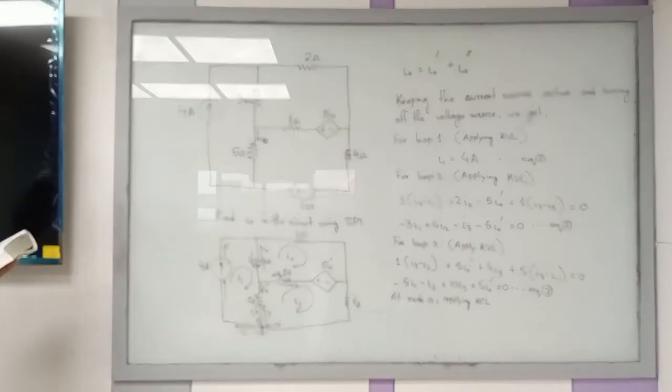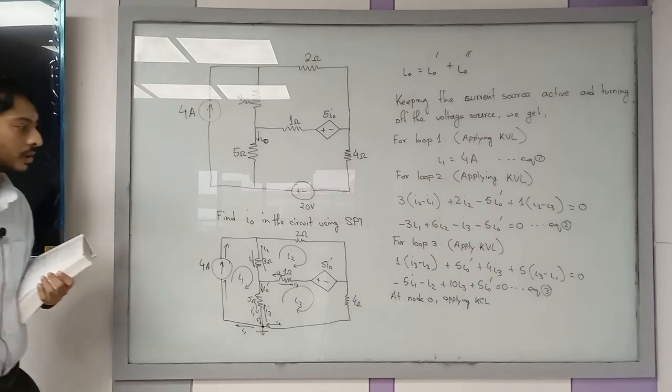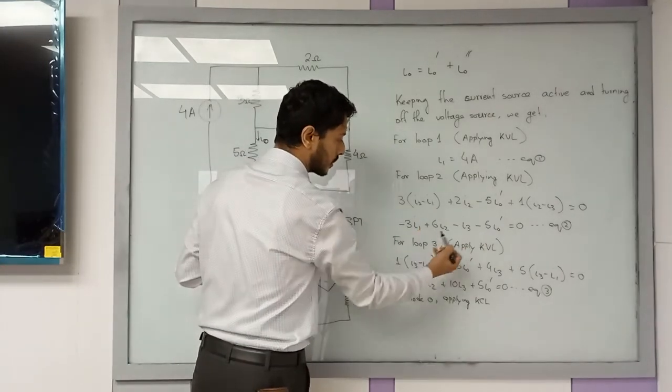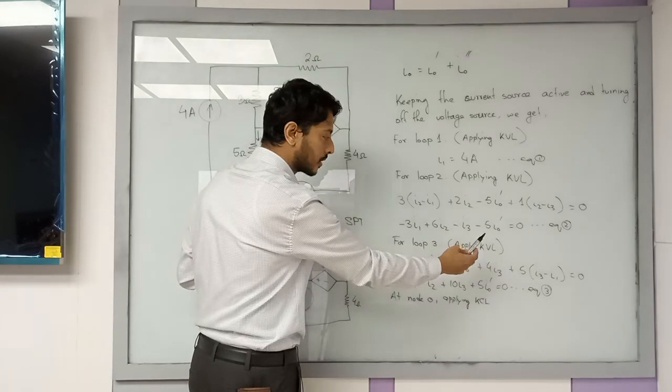We need to find a relation to eliminate that I naught prime from these two equations, which is why we need another equation to solve this problem.